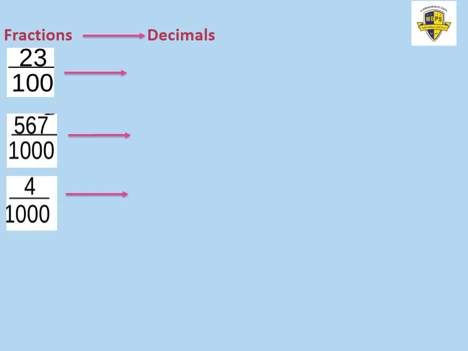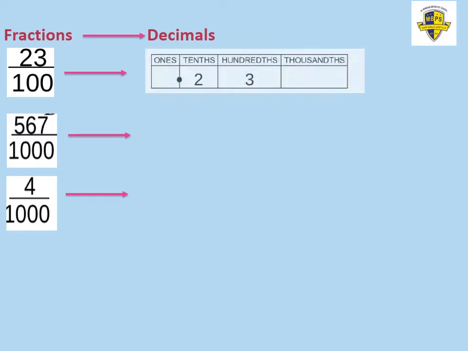The denominator here is 100. Excellent. So the number 3 needs to be in the hundredths place. So we write 0.23 and we read it 23 hundredths.